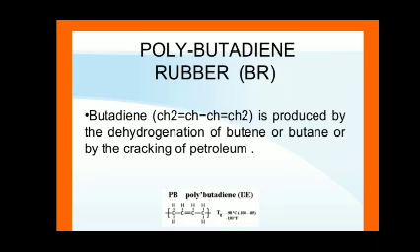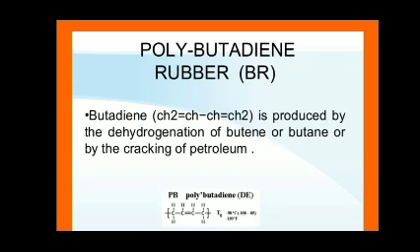Butadiene, CH2=CH-CH=CH2, is produced by the dehydrogenation of butene or butane, or by the cracking of petroleum.